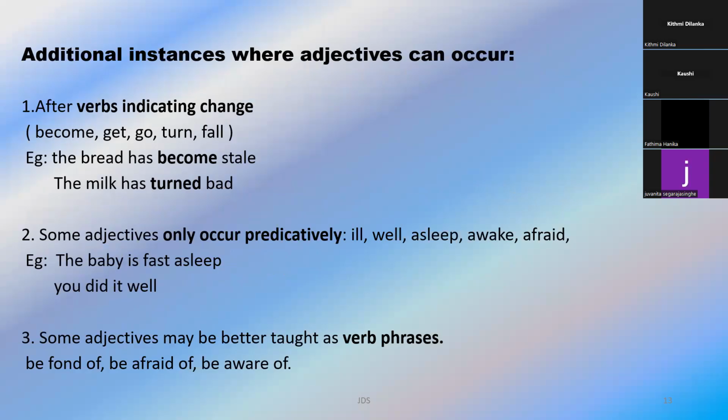They appear as verb phrases. There are certain verb phrases which perform the adjectival function. Right, so verb phrases like be fond of or be afraid of are basically verb phrases, but they are performing the adjectival function.